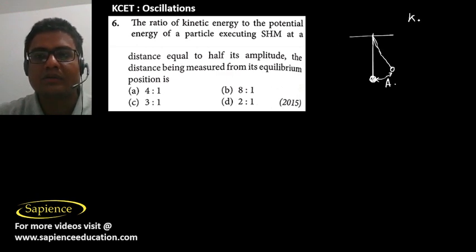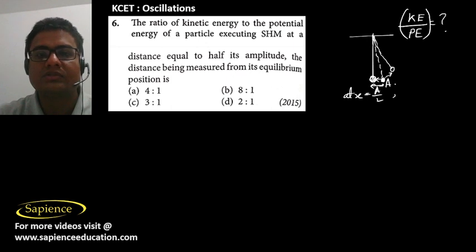So we have been asked to find the ratio of kinetic energy to the potential energy of the particle executing SHM at a distance equal to half its amplitude. So at x equal to A by 2, half its amplitude, the distance being measured from its equilibrium position.